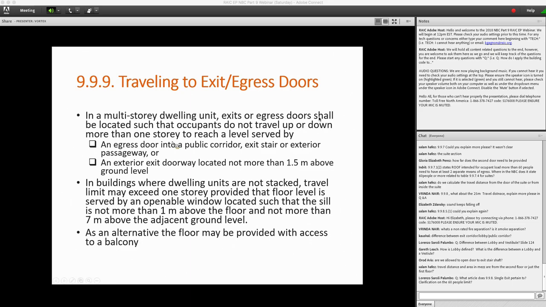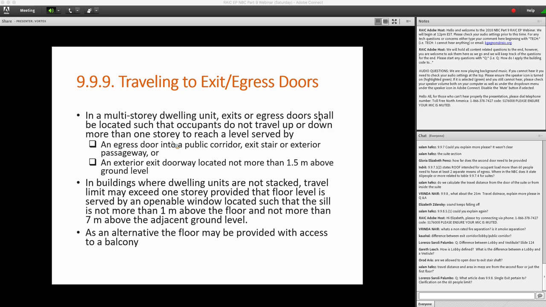Typically in a multi-story dwelling unit, or where you have a dwelling unit that contains more than one story, you are required to locate the exits and the egress doors such that you do not have to travel up or down more than one story to reach a level that is served by an exterior exit doorway or an egress door that opens into a public corridor.